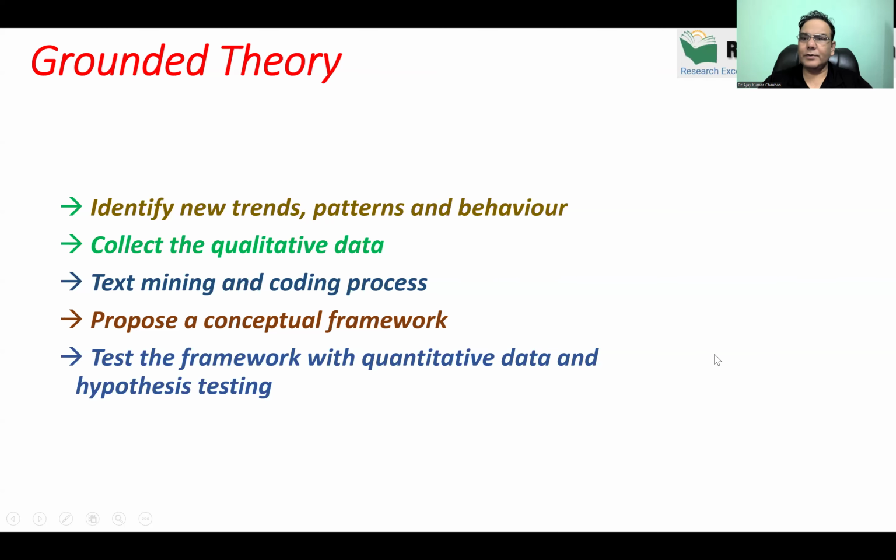The first method, which is very popular and the basis of all qualitative research, is the grounded theory approach. In the grounded theory approach, I'm giving you an example. With a law scholar, we decided to start a study on deepfake videos.